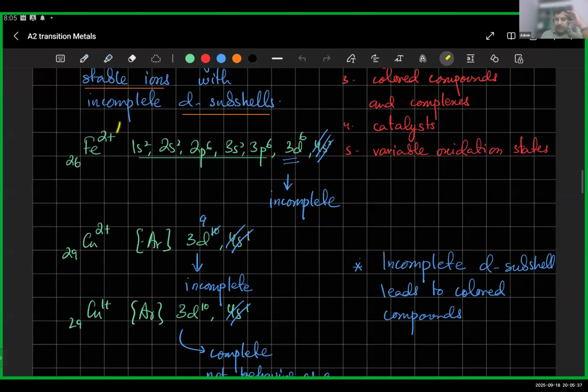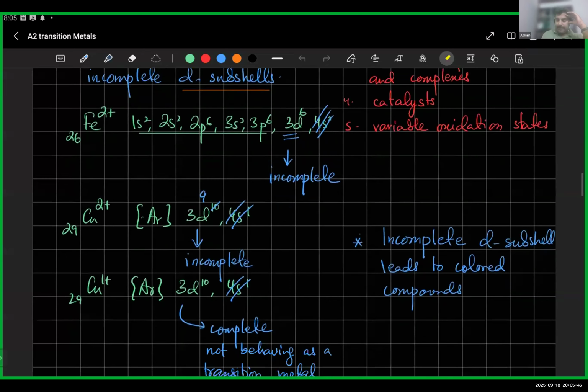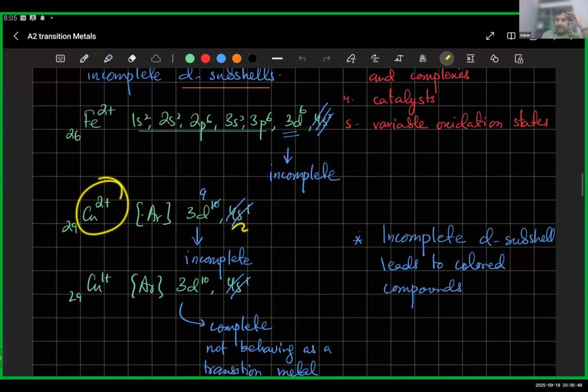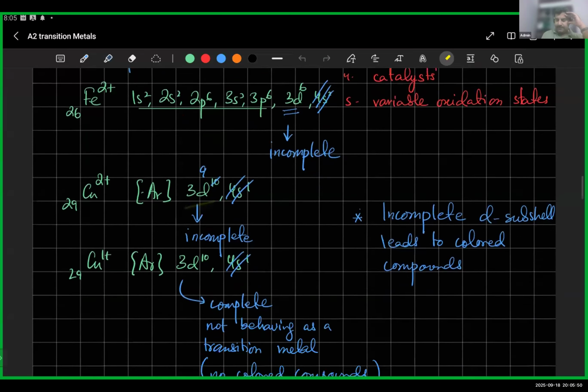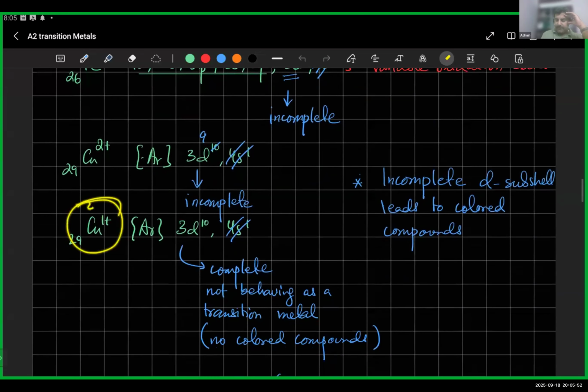So if you write down the electronic configuration of iron 2 plus, the stable ion, it's got an incomplete d subshell. Copper 2 plus also has an incomplete d subshell. Copper 1 plus, its d is completely full, so copper 1 plus is not going to behave as a transition metal. It doesn't really have colored compounds.